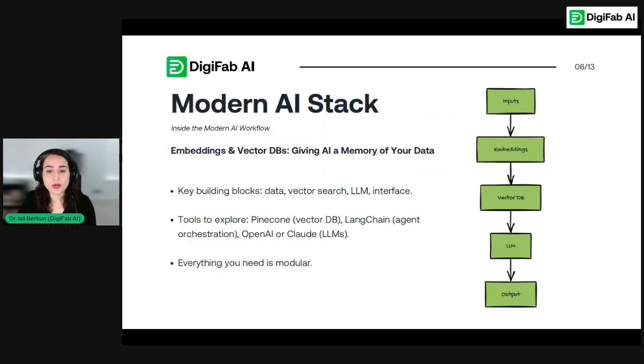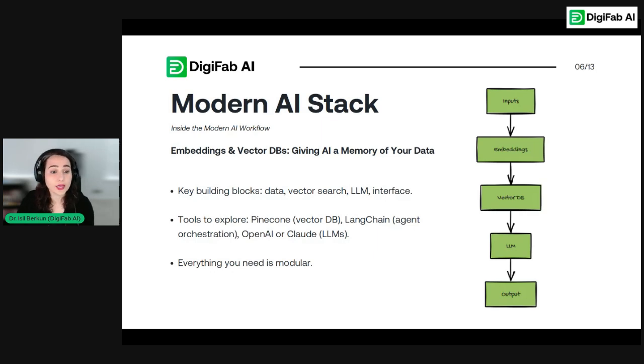So now let's look at the modern AI stack today in a very simplified chart form. This is what exactly is happening behind the curtain in apps like Notion AI, if you are using it for taking notes, Relevance AI, or even custom GPTs. The series is the same, right? You input a question or task, the system retrieves relevant information.